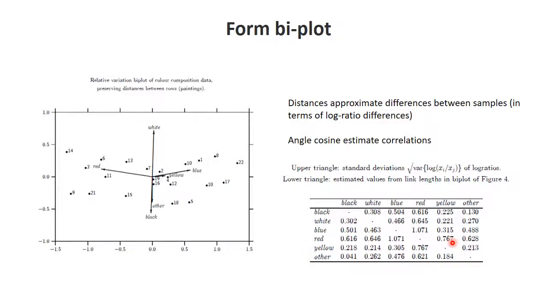Same with the red-yellow ratio, etc. So we can look at that again in more numerical detail. In the form biplot, as I mentioned, the distances we see between these samples are basically approximate differences between the samples, not between the variables, and that is measured in terms of log ratio differences, not in terms of actual proportion differences.